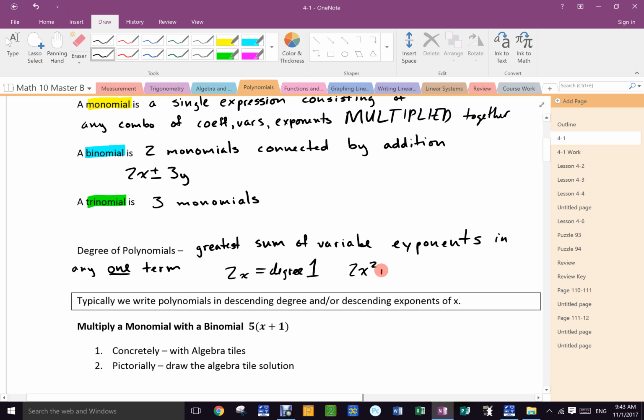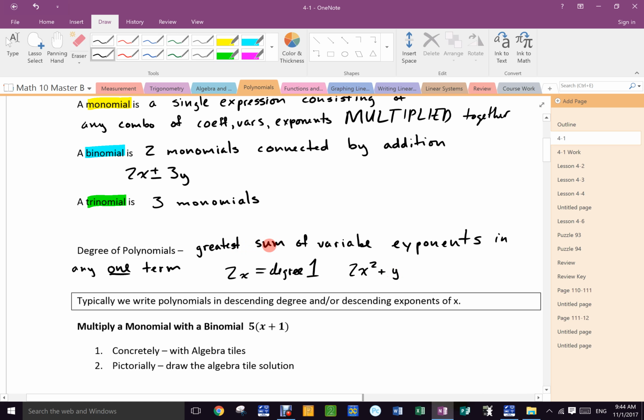2x squared plus y. How many variables are there? How many variables are in this binomial? 3 variables? 2, x and y. So what degree is he?